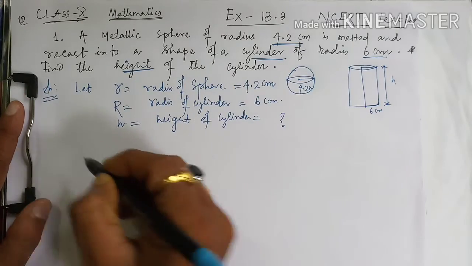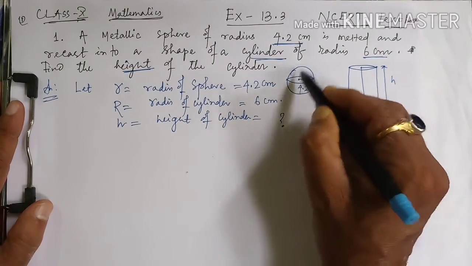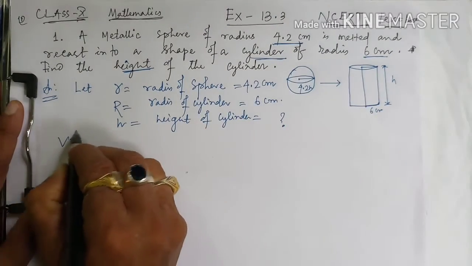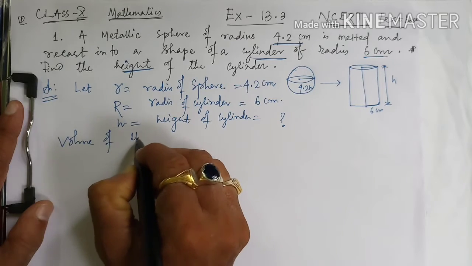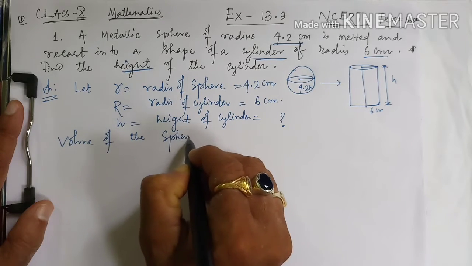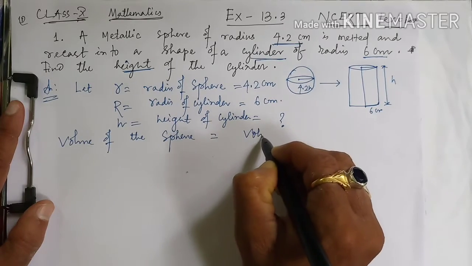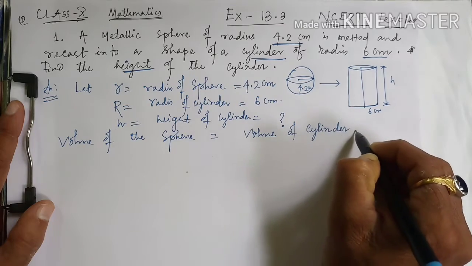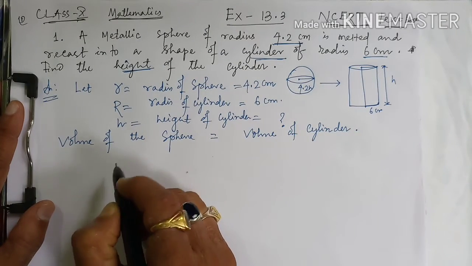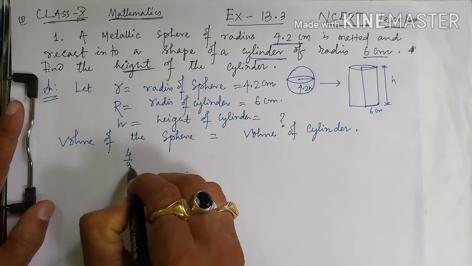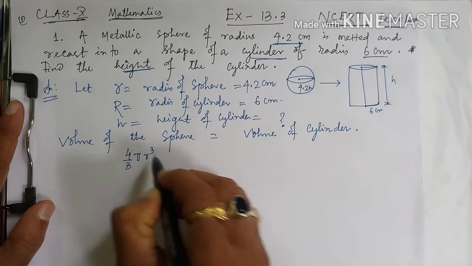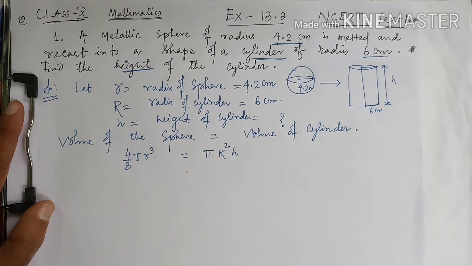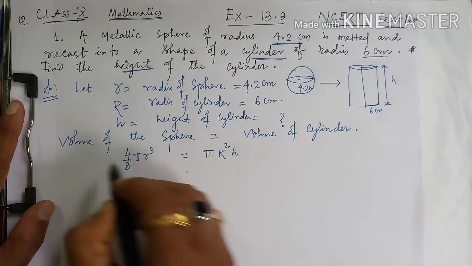As the metallic sphere is converted into the cylinder, the volume of the sphere is equal to the volume of the cylinder. So the sphere volume is 4 by 3 pi small r cube equal to pi R square h, the volume of the cylinder.